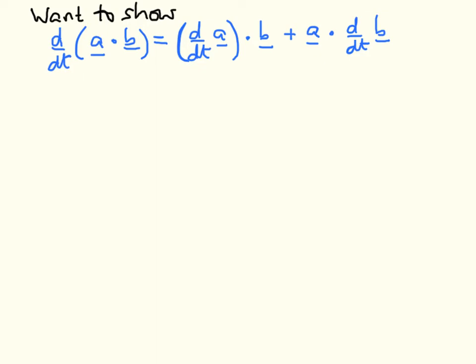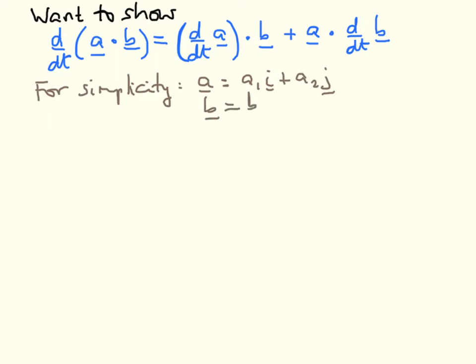And for simplicity, what I'm going to do is just work in 2 dimensions. I'm going to say that a is a1 i plus a2 j, and b is b1 i plus b2 j.